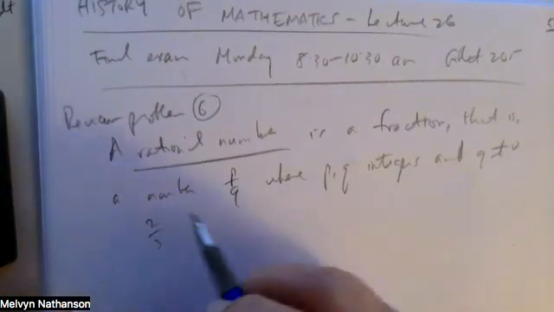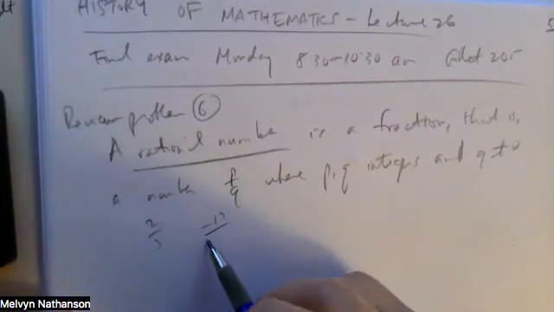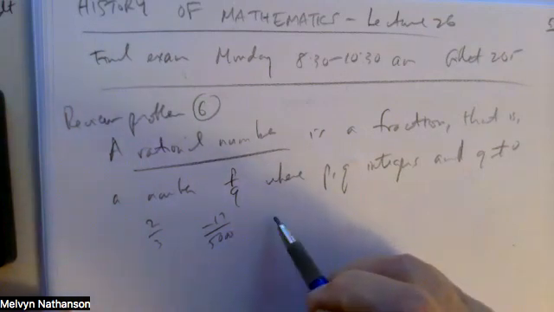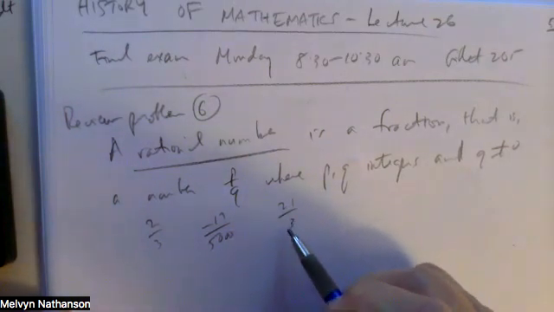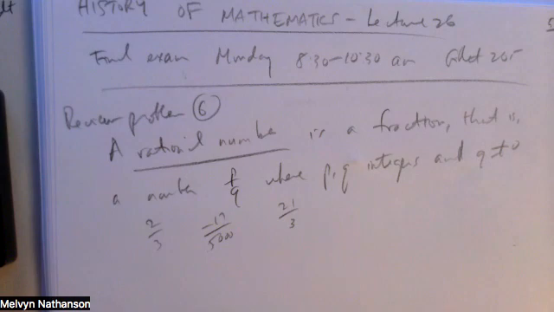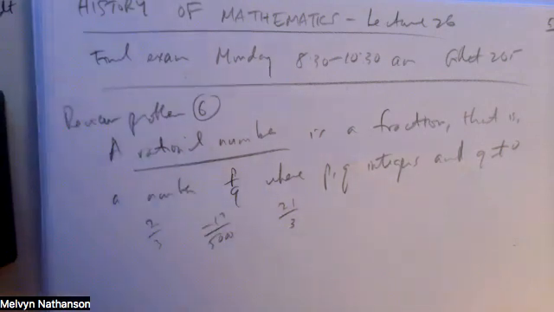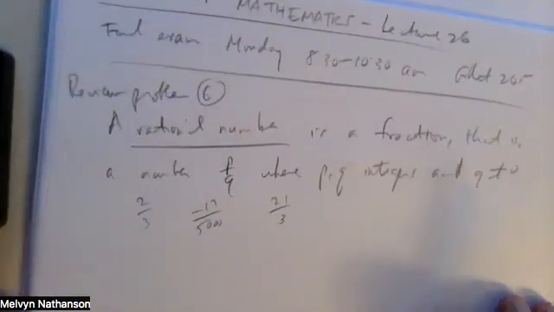So 2/3, minus 17 over 5,000, 21 over 3. These are all rational numbers. And they're rational numbers whether or not they're reduced to lowest terms, just a quotient of integers. So that's what a rational number is.